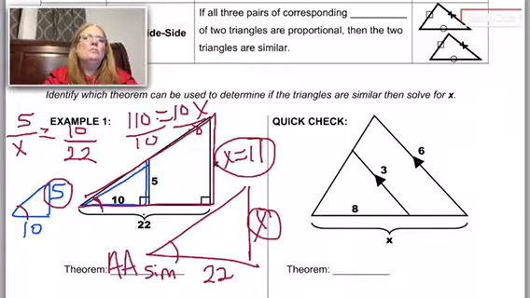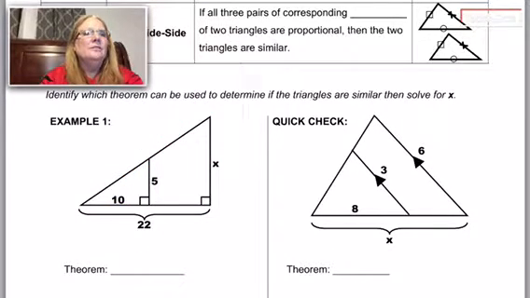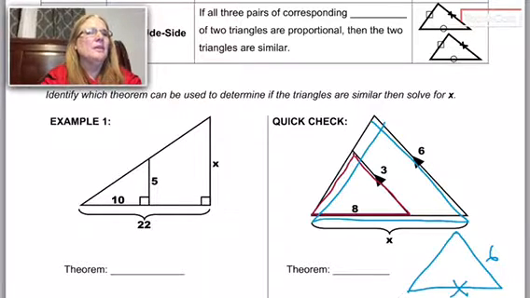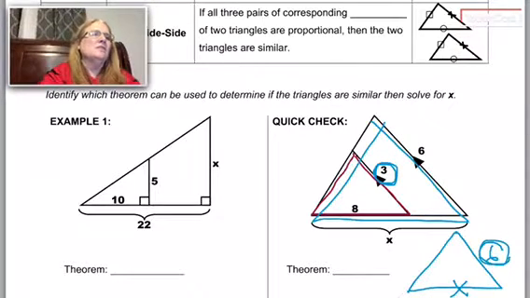Okay, so you should pause right now and try to do the quick check yourself. Okay, hopefully you did. We have this small triangle, which has measurements of 3 and 8, and then we have the bigger triangle. So I'll draw the bigger one separately. We have measurements of 6 and x. I can see that the 3 lines up with the 6.